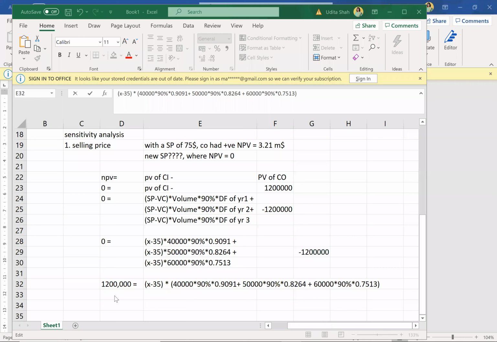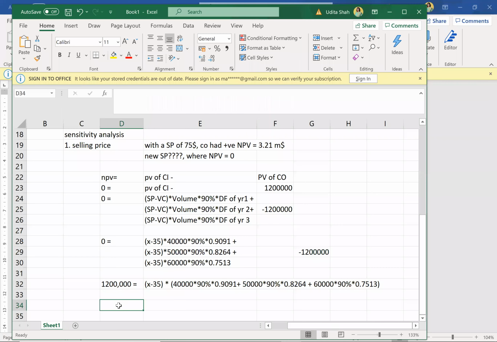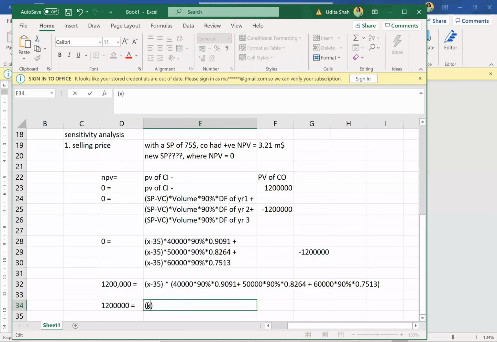Correct? So 1.2 million should be equal to X minus 35 into, just take the total of all of this, so that will be what?